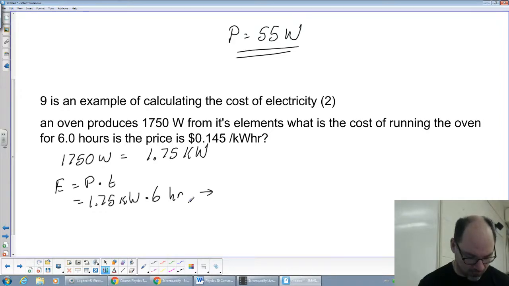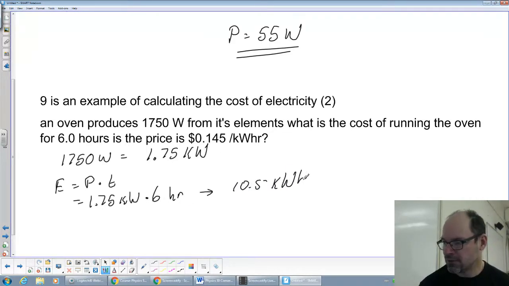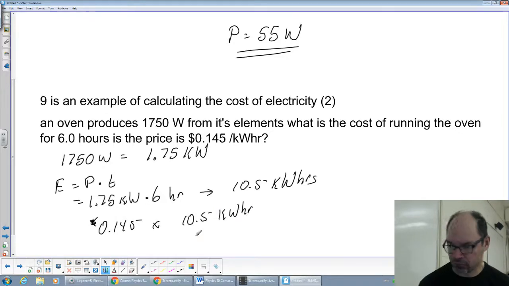So 1.75 times 6, that's 10.5 kilowatt hours. Okay, and then I do the price times kilowatt hours, and I get $1.52.